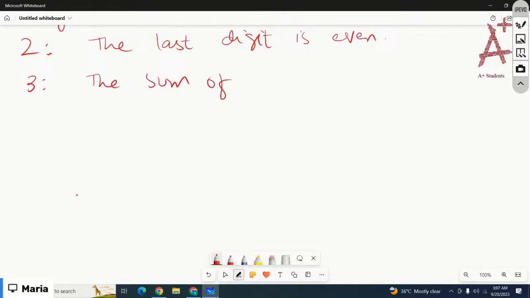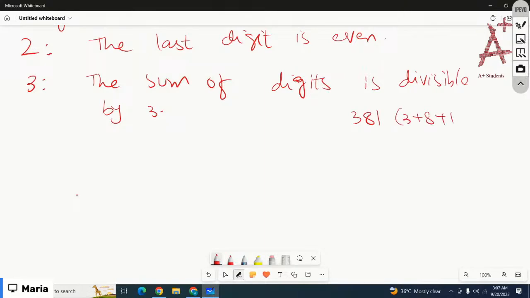For example, you have to check if 381 is divisible by 3, right? What you have to do? Just add the digits, right? The digits are 3 plus 8 plus 1, that is 8, 9, 10, 11, 12. 12 is divisible by 3? Yes, 3 times 4 is 12. That means yes, 381 is divisible by 3.